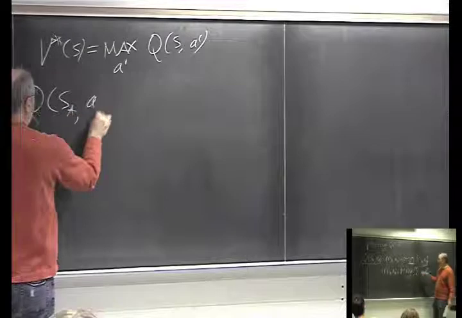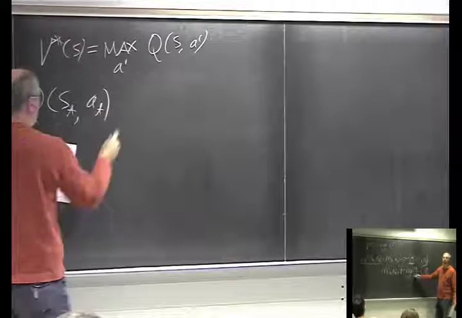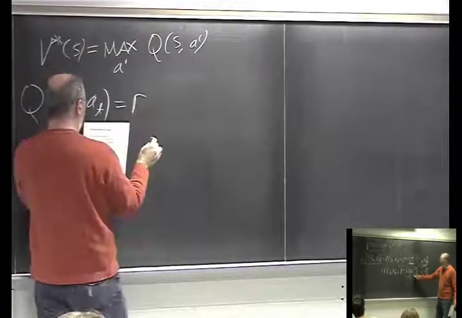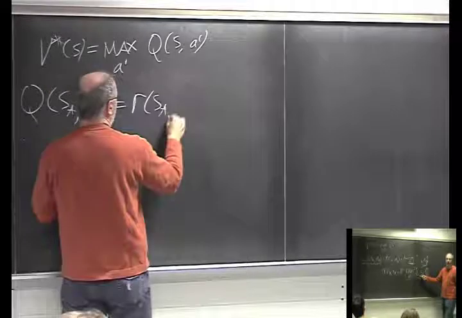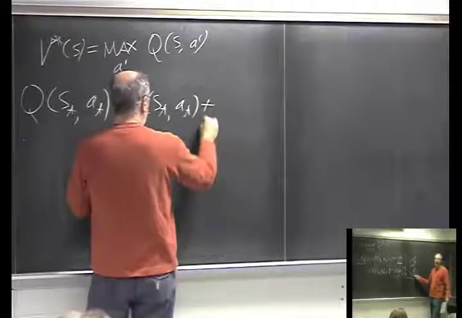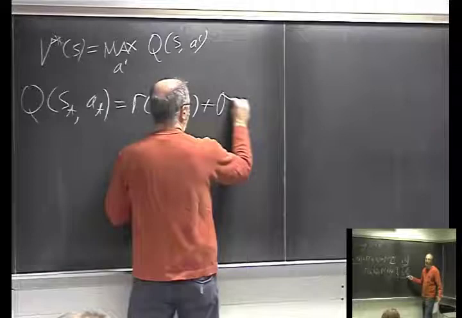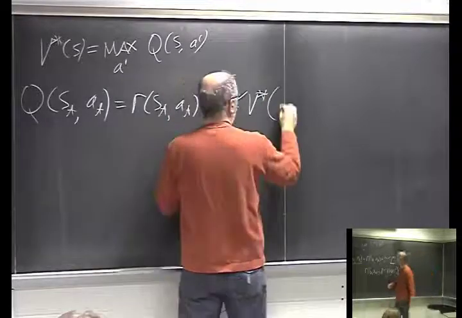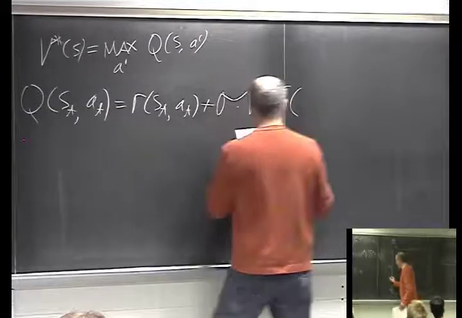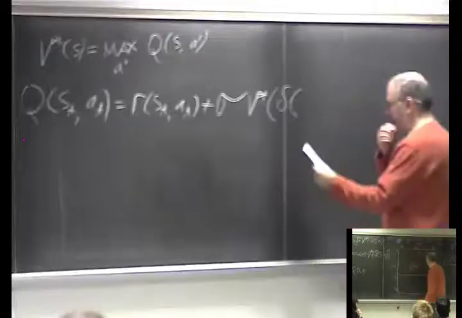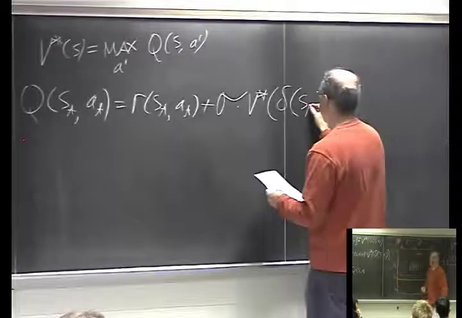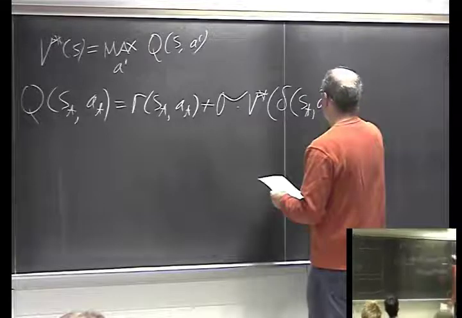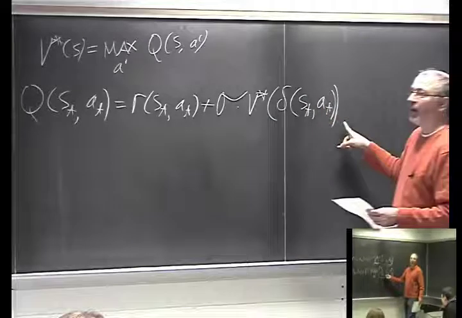Now that I know what that state is, I can consult the Q table for that successor state and all possible actions that follow it. I don't actually take all these actions. I just consider all of them. So if my successor state is S prime, then I consider all these values here, take the maximum over them.